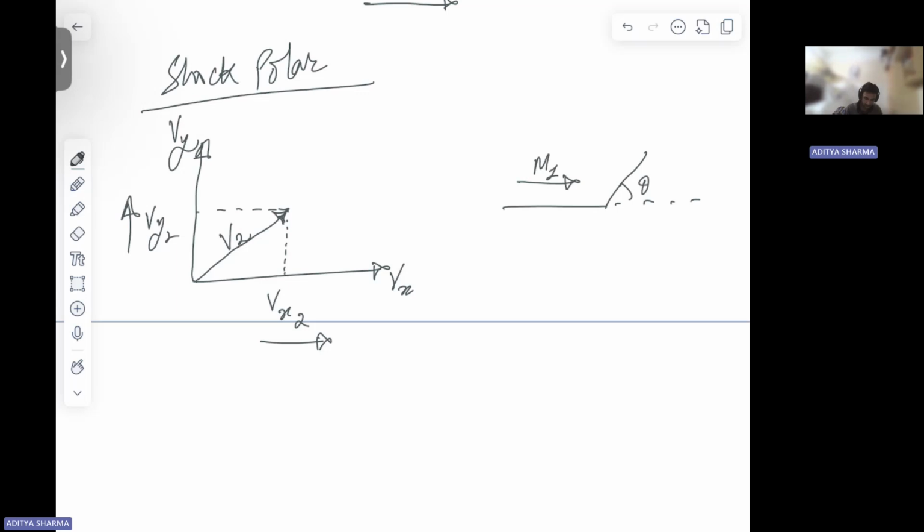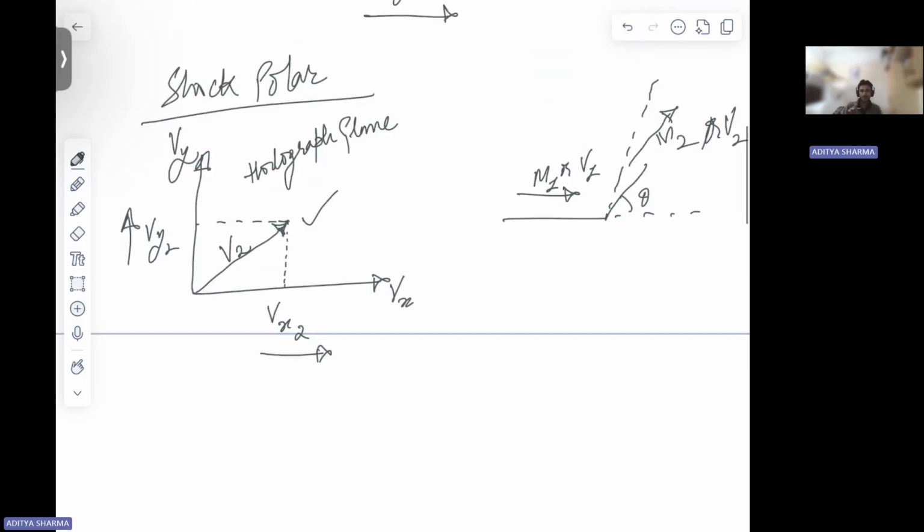Then you have a shock forming here, which deflects your flow this way. This was M1, this was M2, or V1 if you multiply it with the speed of sound, M2 or V2. Now this V2 has been given here, and we call this plane the hodograph plane.